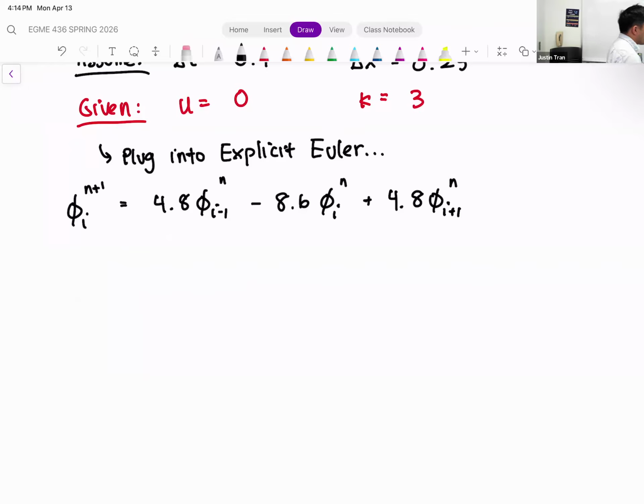All right, very straightforward. Explicit Euler is just plug and chug. You get a recurrence relation, something that's going to reoccur over and over.